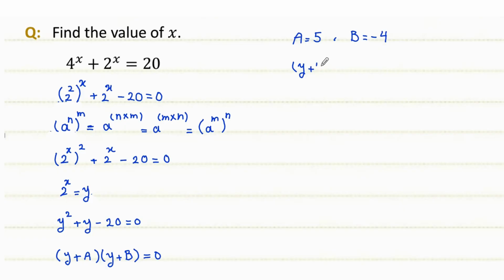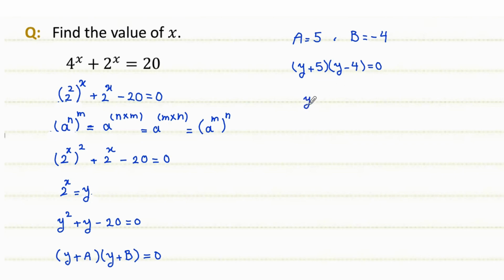If we substitute these two numbers in this equation, we get y plus 5 times y minus 4 equal 0. Now to have this equation equal 0, either y plus 5 should be 0 or y minus 4.